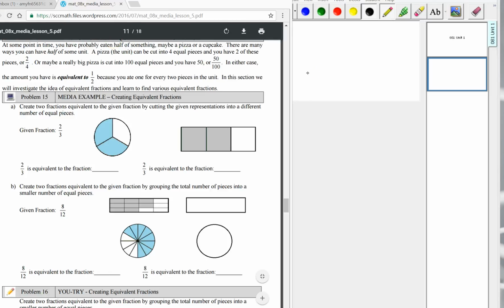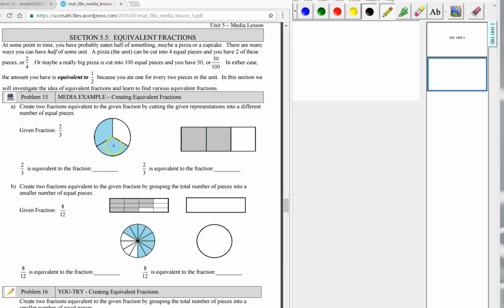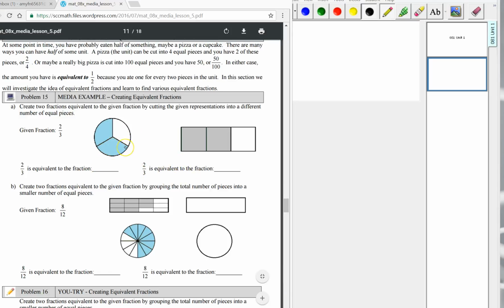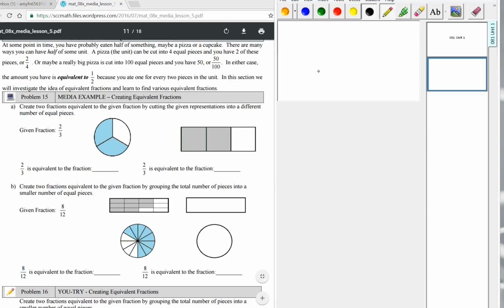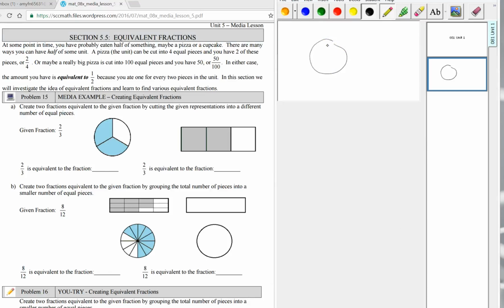So here we want them to make equivalent fractions by cutting into more pieces. So if we have a circle and this is 2/3, we want them to cut into more pieces. Maybe they cut the thirds into 3 equal pieces.